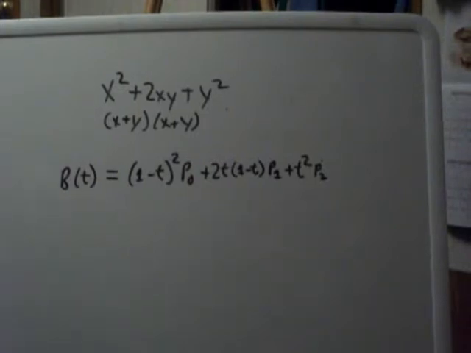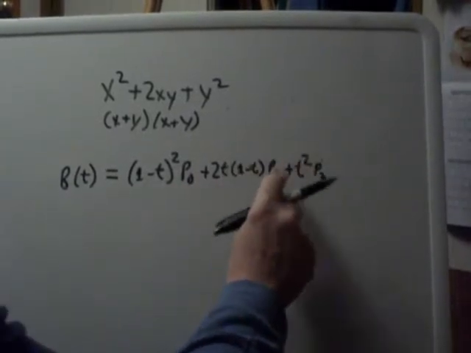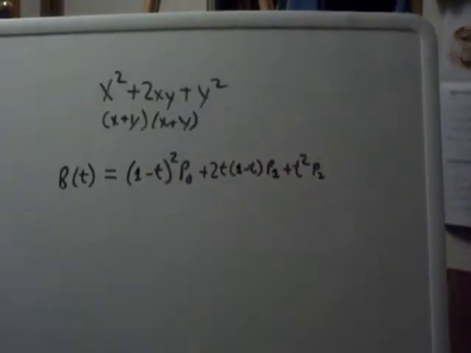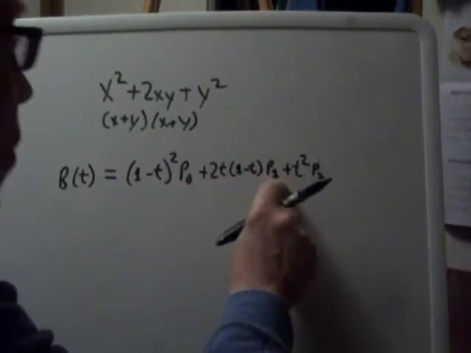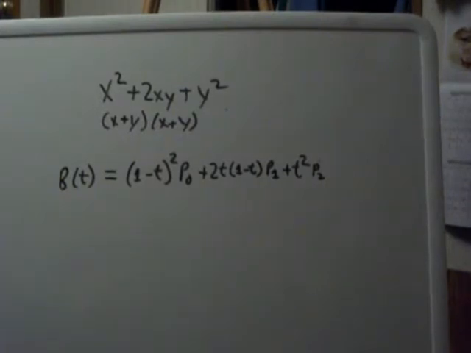Okay? And this 0 here is saying that this is a subscript. Okay? We have 3 points. Alright? But they all have subscripts. P0 is one subscript, P1 is another, P2 is another. Now the 0 and the 1 and the 2 here, they are all subscripts.